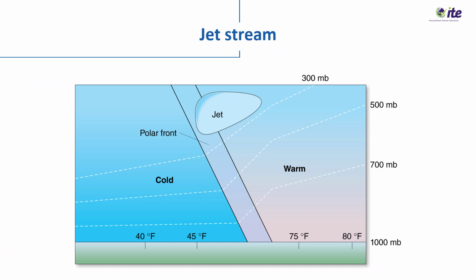Another thing is that the jet stream also influences the temperature a lot, especially in the northern hemisphere: Europe, Asia, and North America. If cold wind meets warm wind, so the warm wind is flowing this way and cold wind is flowing that way, warm wind will always rise.